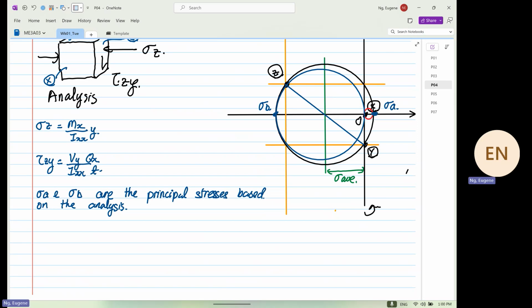Stress A and B are the principal stresses based on the analysis, not based on material property. So stress A and stress B are the principal stresses. Therefore, the shear stress is equal to what? 0.